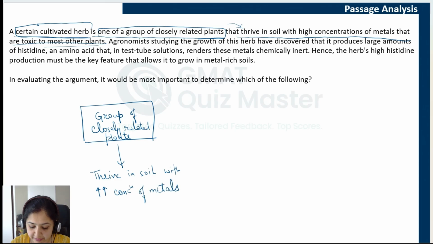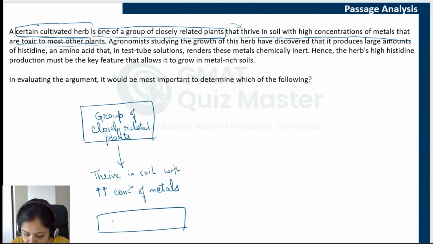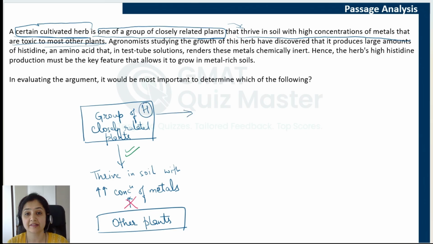And that is what differentiates these plants from the other plants. Other plants cannot thrive in this soil. These plants can thrive in this soil. And the herb that we are talking about, let's say the herb is H, is one of these plants, which means that this herb can also thrive in soil with high concentrations of metals.